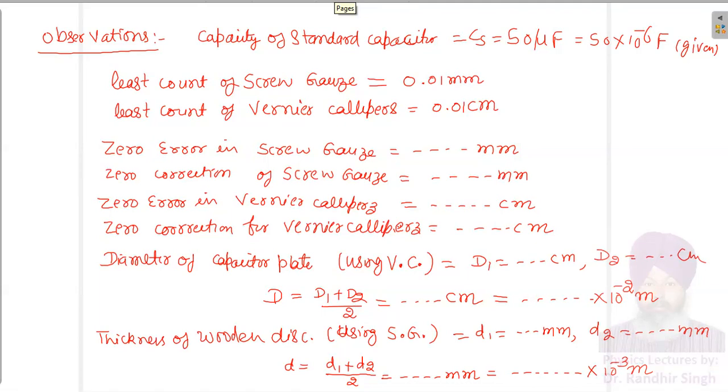Is it okay? Then in the observation, we will make value of Vs is equal to voltage across standard capacitor. It will be in the units of volt.